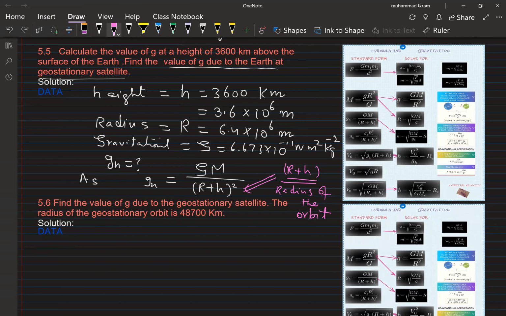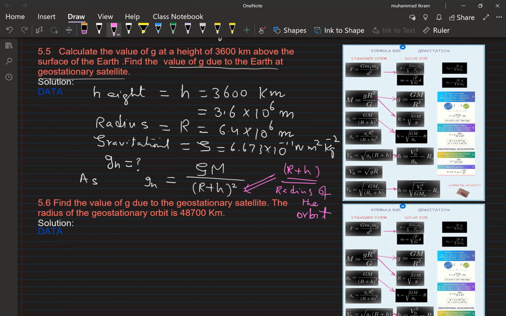This radius of the orbit is the sum of the radius of the earth plus that height. So you must be very careful while reading your problem. Calculate the value of g at the height 3600 kilometer above the surface of the earth. It means that the height is given and the radius you will add.